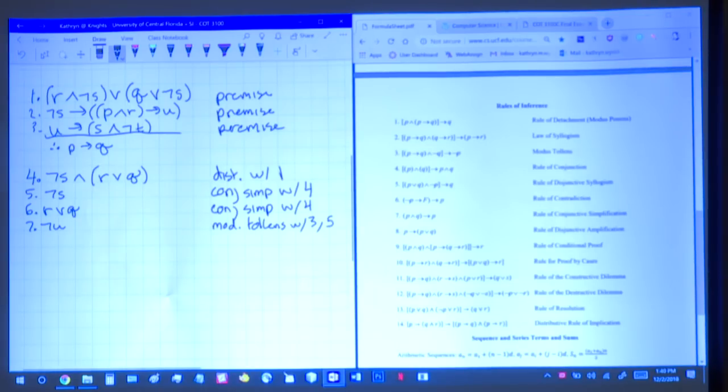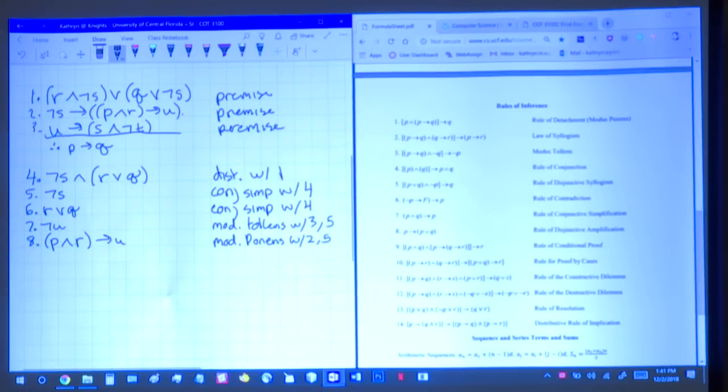We can also use modus ponens with not S to write this one: P and R implies U, so that's modus ponens with 2 and 5.